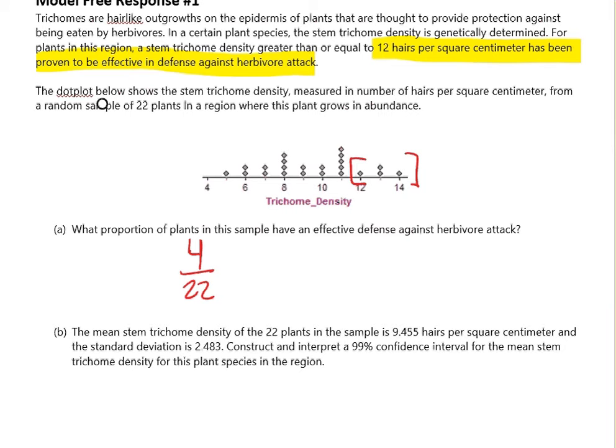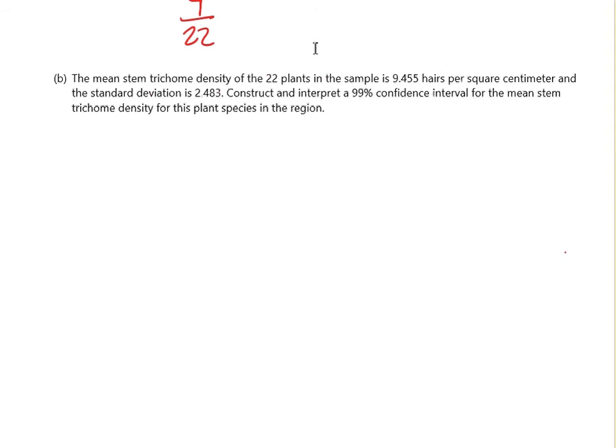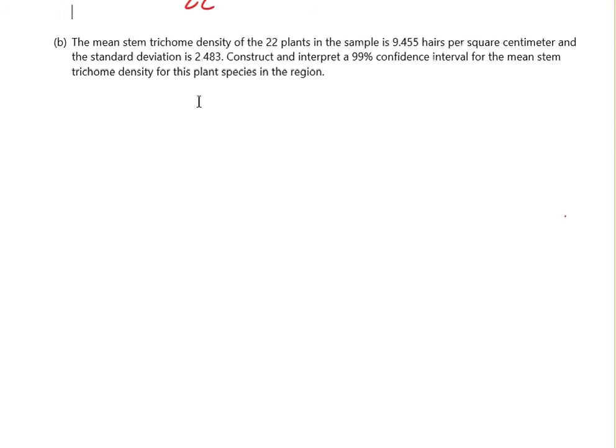Okay. Now the next part says the mean stem trichome density of 22 plants in the sample is 9.455, so that's going to be my x bar.